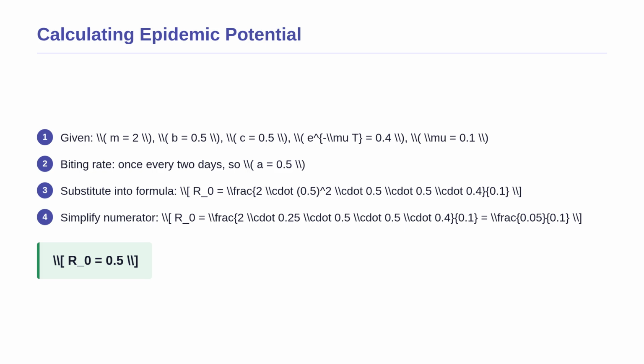We substitute all these known values into our equation. We square the biting rate of 0.5 to get 0.25. Multiplying the numerator gives us 0.05, which we then divide by the mortality rate of 0.1. The final answer is 0.5. Because this value is less than 1, it physically means the disease will eventually die out in this village.